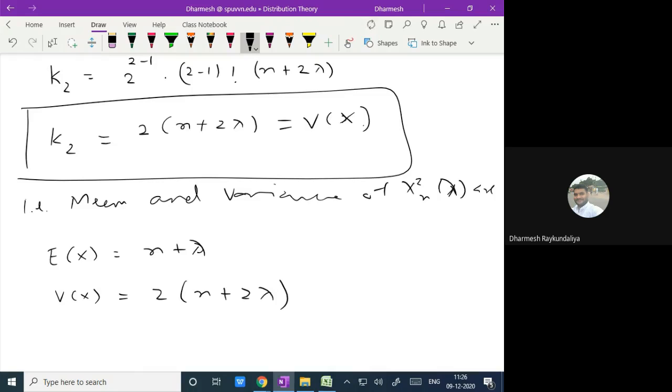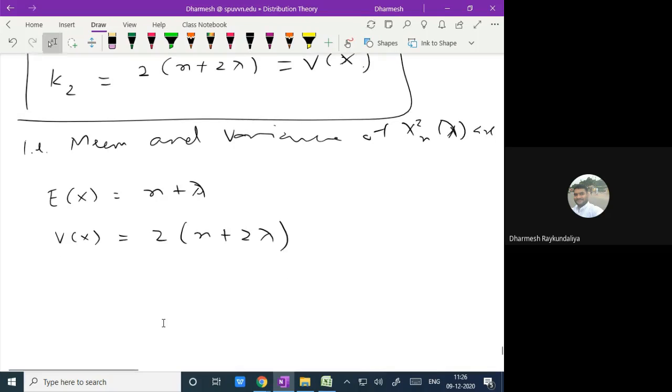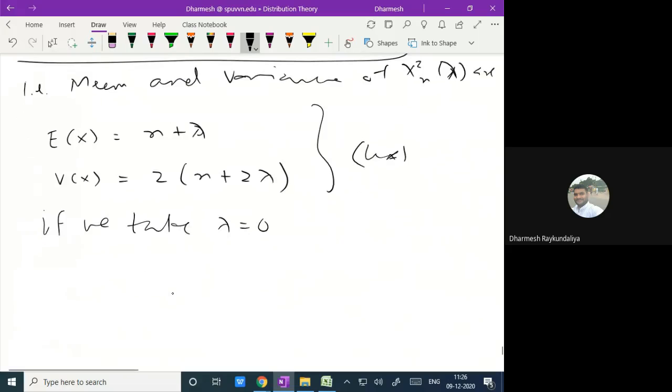Now, if we take lambda equal to 0, the non-central chi-square distribution reduces to the central chi-square distribution. Then what is the mean?